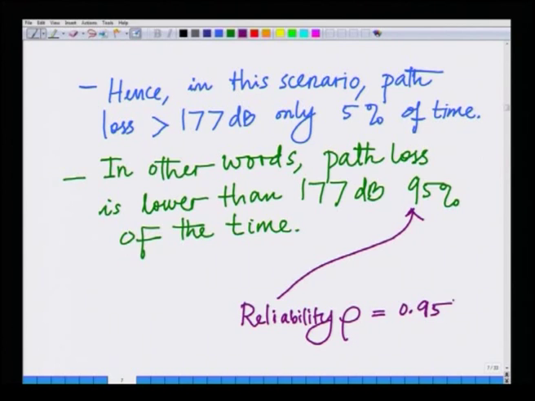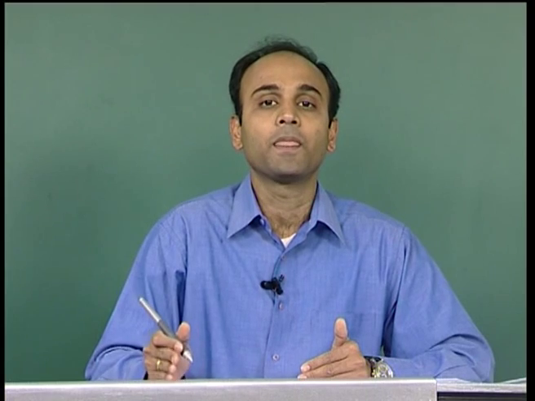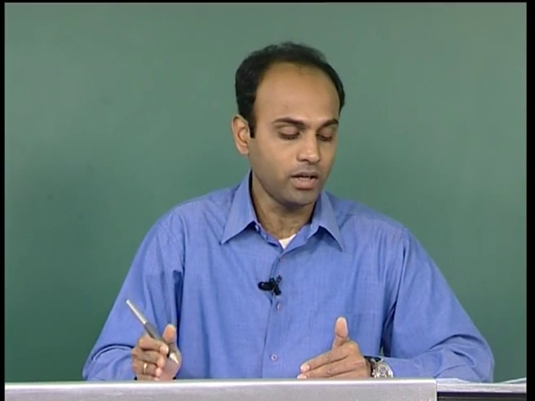So, we can say the outage, which is the chance that the path loss is greater than 177 dB, is 5%, which is 0.05. In other words, the reliability, which is that the path loss is less than this threshold of 177 dB, is nothing but 95% or 0.95.